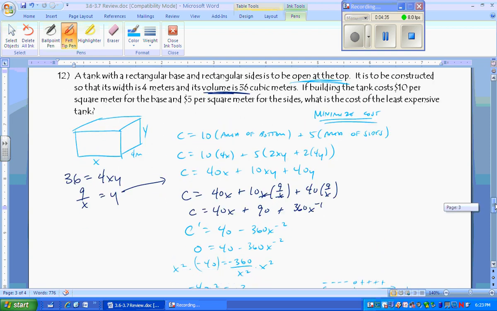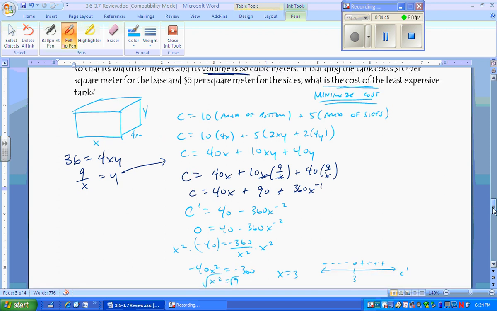So we're trying to figure out what is the cost of the least expensive tank. So we actually want to figure out the cost. Well, we know x has to be 3. And if we put that in here for y, that means y has to be 3 also. So to find our cost, we can use our cost function and substitute 3 in for x and 3 in for y.